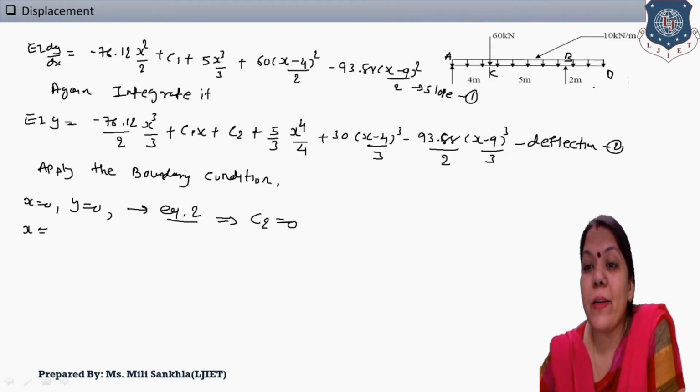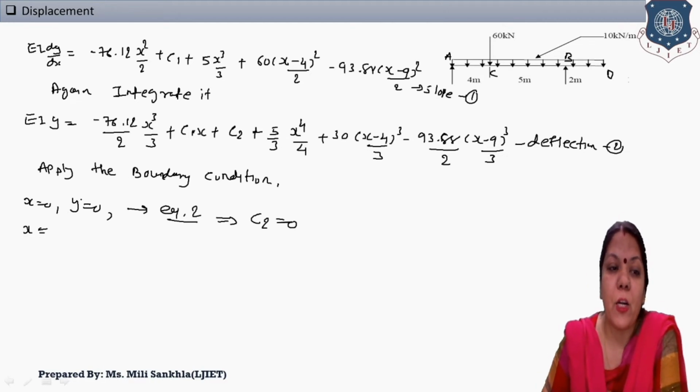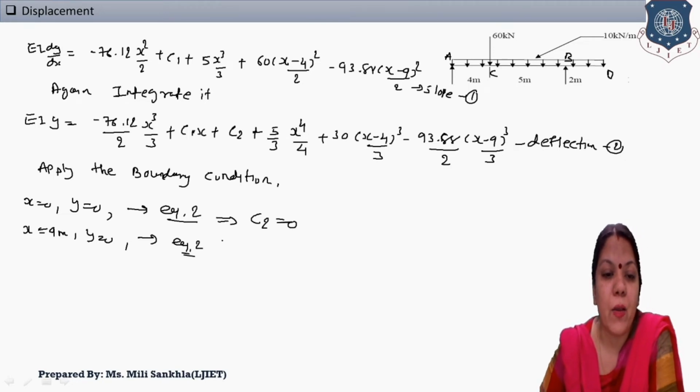But remember that D point is a free end and our support is given at B point, so in an overhanging beam, when we take a boundary condition, we take it at B, x is equal to 9. Because at B point the support is given, x is equal to 9 meter and y is equal to 0. Now put this value in equation number 2, one by one.